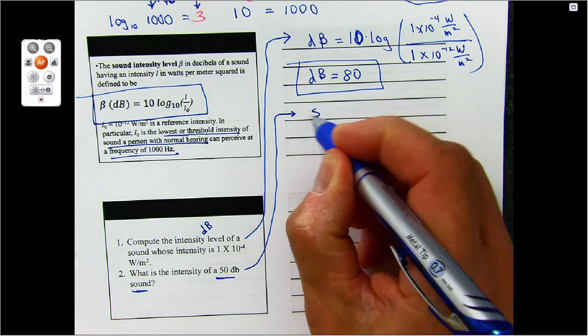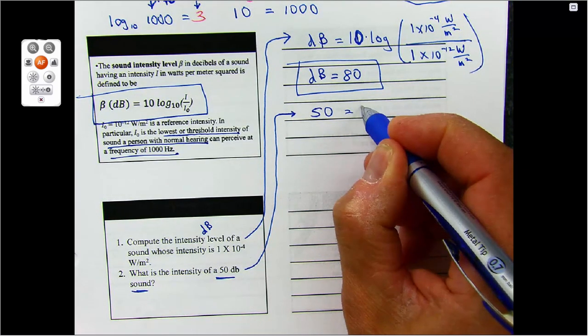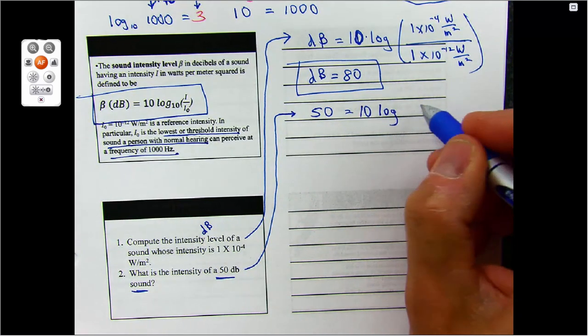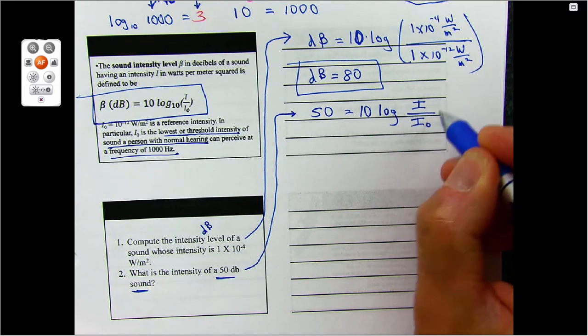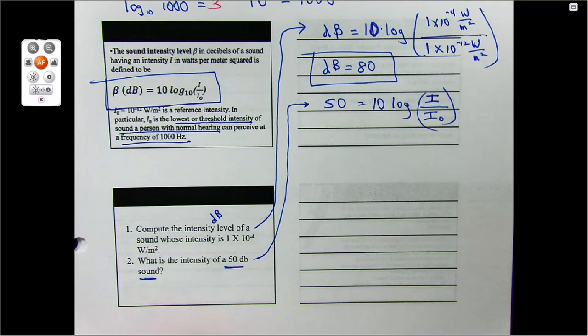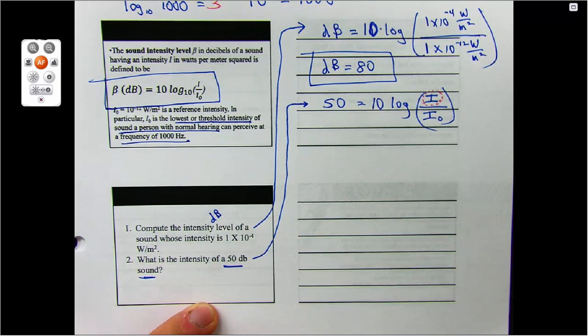So now we've got 50 is equal to 10 log of, I'll put I sub O in my equation this time. We're going to solve for this.